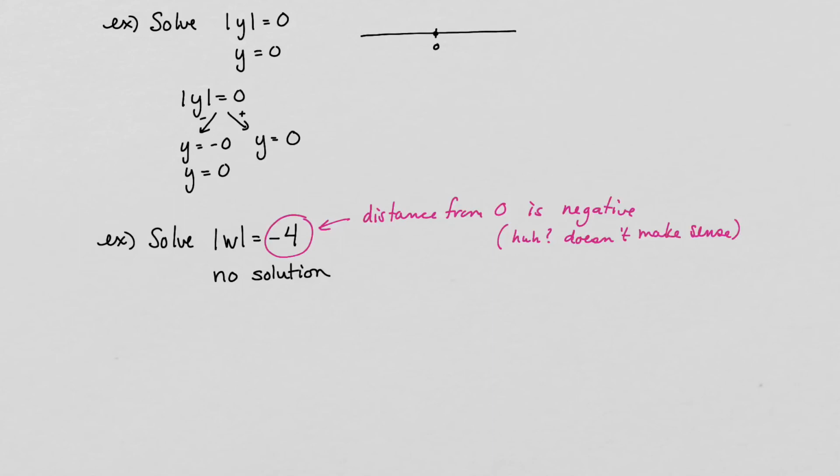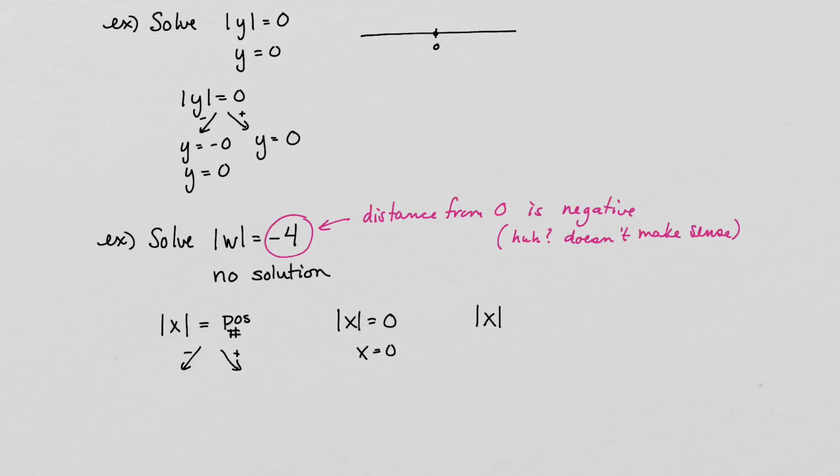So if you have the absolute value of x being equal to a positive number, then that's when we're going to split it into the negative and the positive case. If you have the absolute value of x being equal to 0, then your answer is just going to be x equals 0.